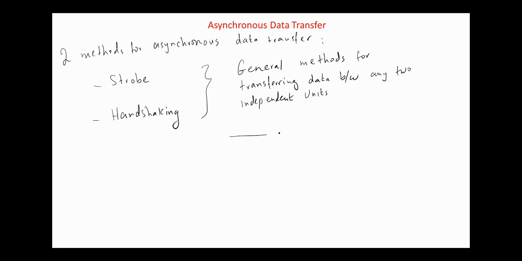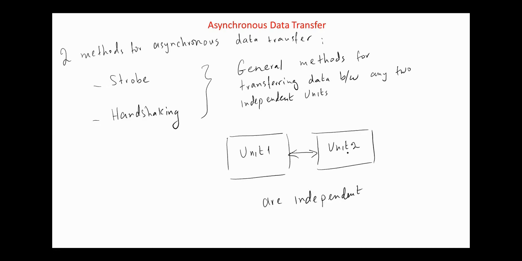So in general, if we have two units, unit 1 and unit 2, and these units are independent, then for transferring data between these two units, these methods are applied as well.